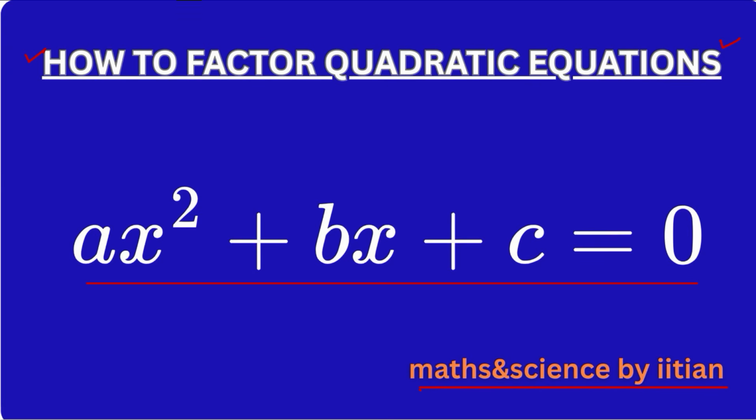Please adopt that procedure and find the factors for this equation, and from there we can find the roots of the equation ax square plus bx plus c is equal to 0. I will give you 1 or 2 examples of quadratic equations and explain how to factor them. This will be useful for CBSE class 10, 11 and 12.